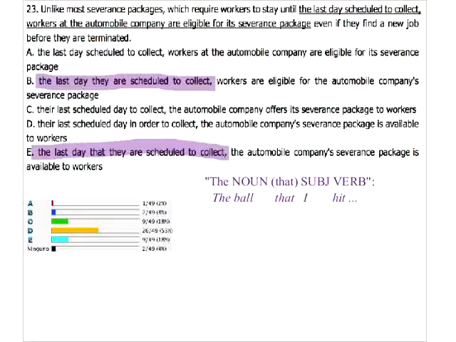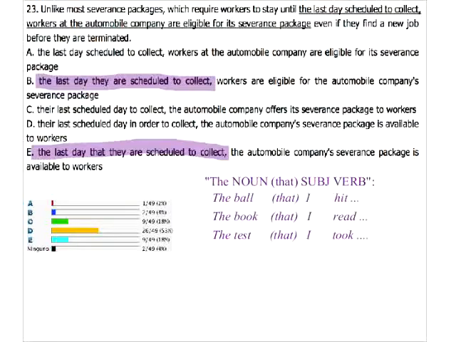The book that I read. The test that I took. And by the way, in these constructions, notice that for the most part, the word that is optional. If the meaning is clear without that, then you can omit it.